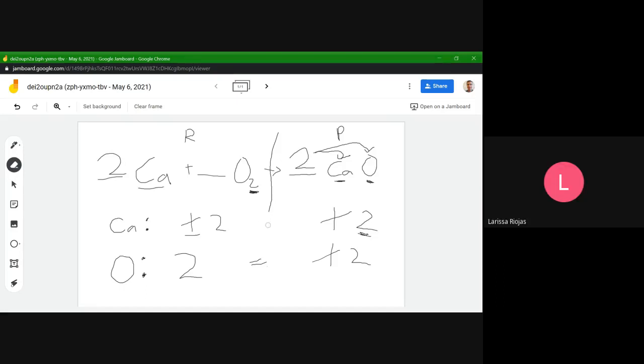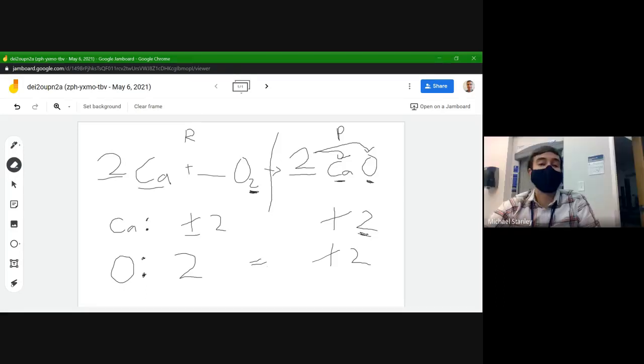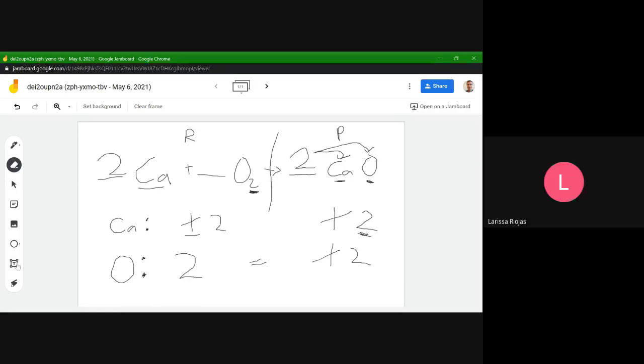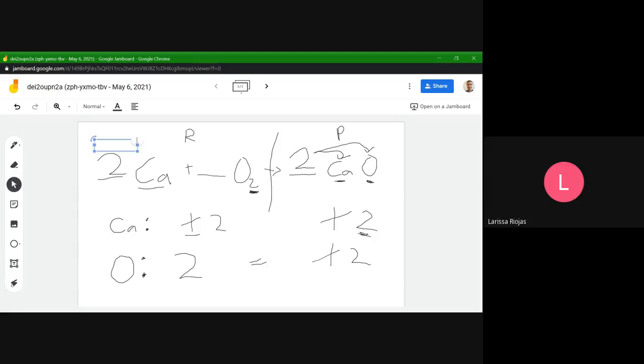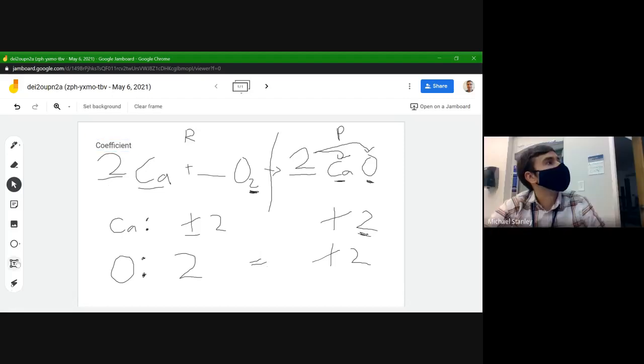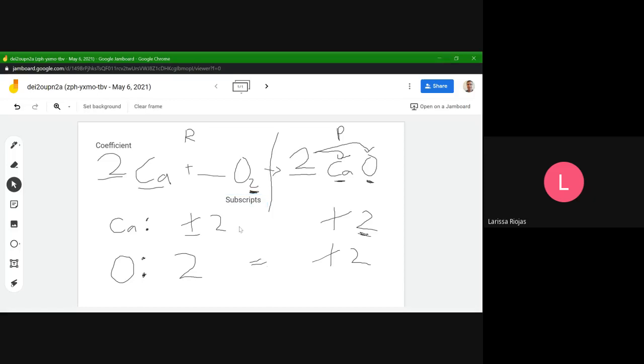What is the big number called again? A coefficient. Okay, so it's still called a coefficient. Write that down here. So the little ones are called coefficient 2 or no? Nope. The little ones are called subscripts.